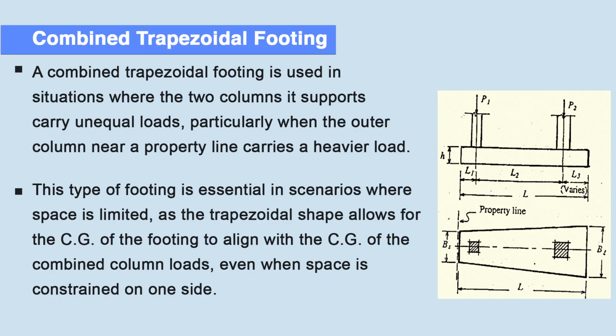This type of footing is essential in scenarios where the space is limited, as the trapezoidal shape allows the center of gravity of the footing to align with the center of gravity of the combined load even when space is constrained on one side. The trapezoidal shape ensures that the heavier load near the property line is adequately supported while the overall pressure distribution remains uniform across the footing.